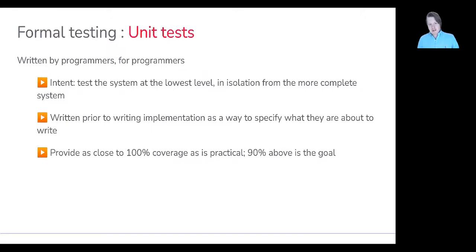The idea here is to get as close to 100% coverage as practical. So what we're talking about with coverage is, you'll hear this terminology called the happy path, which is the typical pathway through the program. It's not necessarily focused on the cases where errors could arise or exceptions could occur.